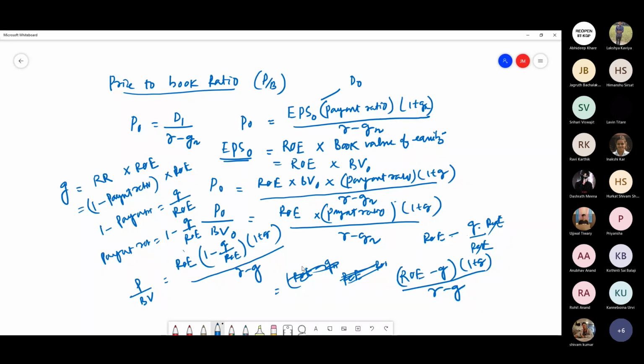So what kind of investment strategy can we adopt using the price to book ratio? A low value of the price to book ratio indicates that the firm has a price which is below the book value. Okay. So investors will be advised to make careful decisions about investing in these firms.